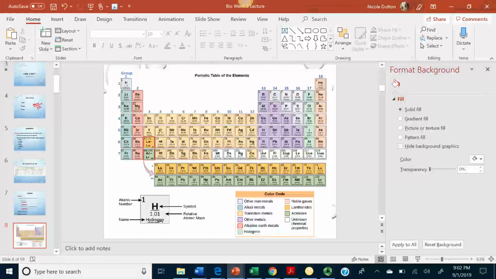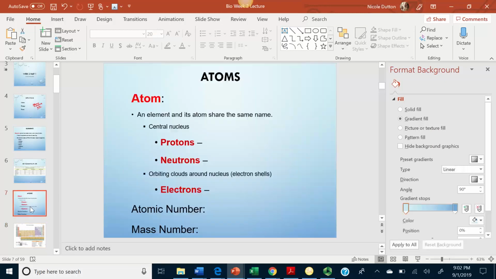The name hydrogen is spelled out, and then the symbol for hydrogen is H. Up here you have the atomic number, and the atomic number, again, is the number of protons in the nucleus of that atom. Then you have the atomic mass, or mass number, 1.01. We can round that to just 1. And we can start to try to figure out how many protons, neutrons, and electrons are in an atom of hydrogen.